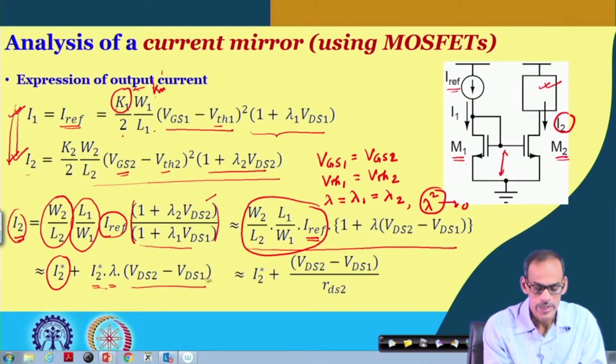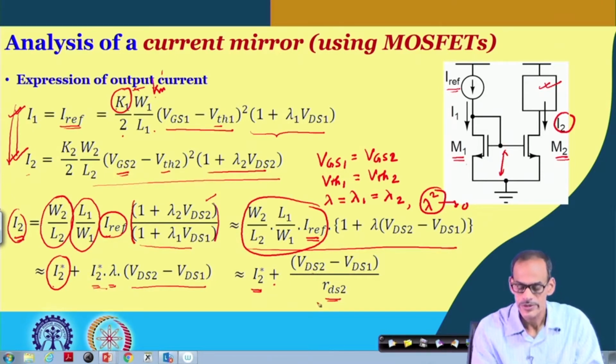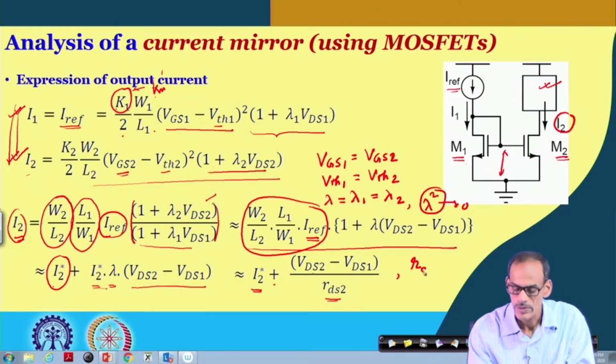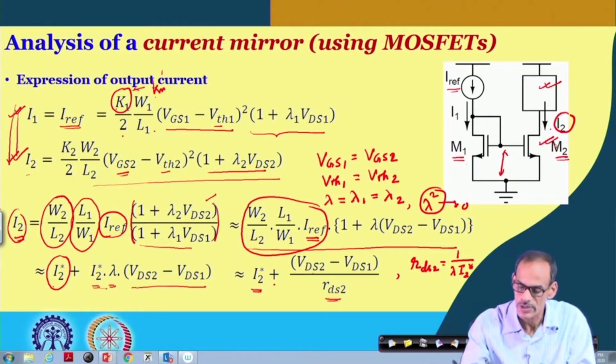So we can write this expression in the form I 2 star plus VDS difference divided by RDS 2, where this RDS 2 is defined as 1 by lambda into I 2 star. Sorry, this is the RDS of this transistor.